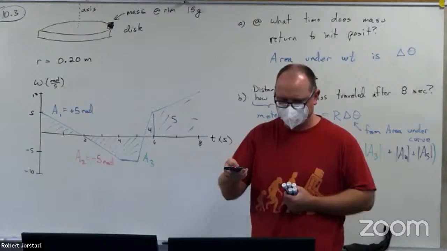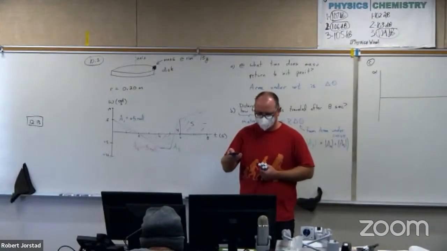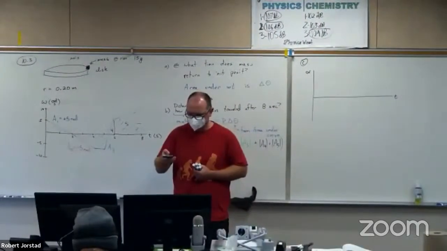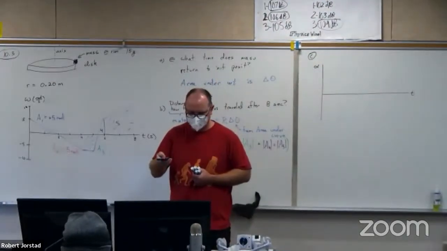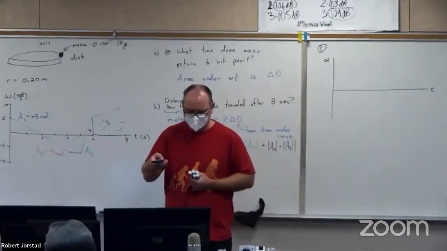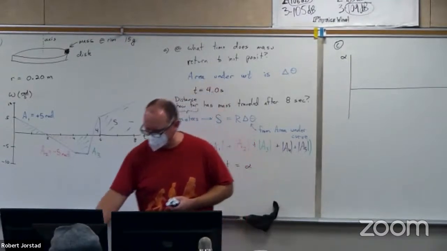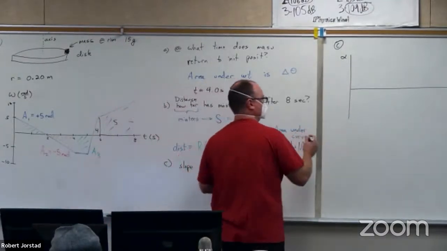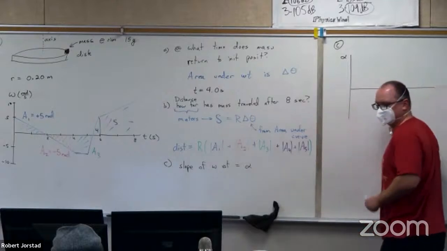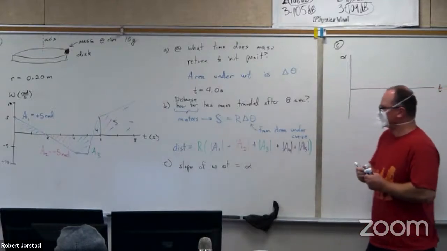I'm going to zoom out a little bit. Okay, this is not going to be the most perfect plot. I'm going to try to do it while I have everything on screen. So let's take a look.